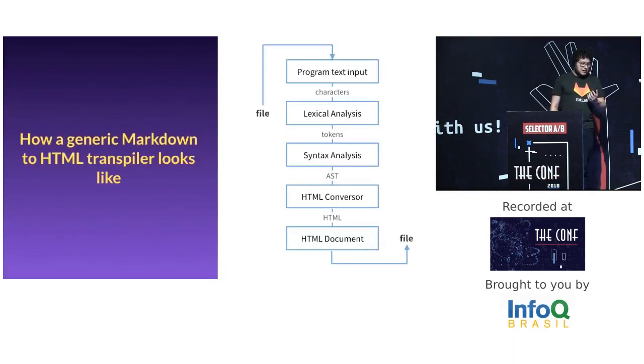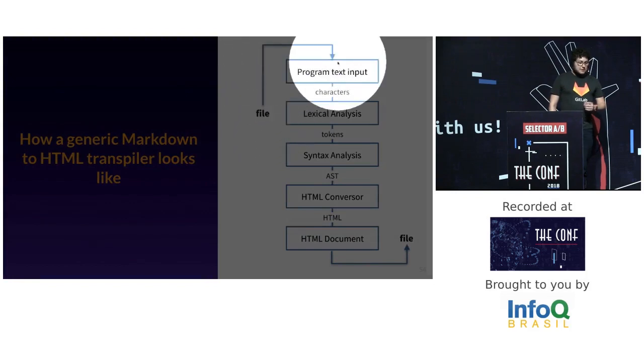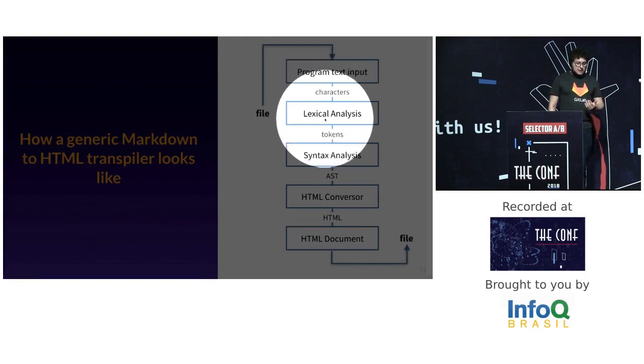So let's take a look again at how a generic Markdown to HTML transpiler looks. I'm using the term transpiler because it is the correct term; it's not just a simple converter. So we start again with a file that is fed into your file reader. It provides characters to a lexical analyzer.